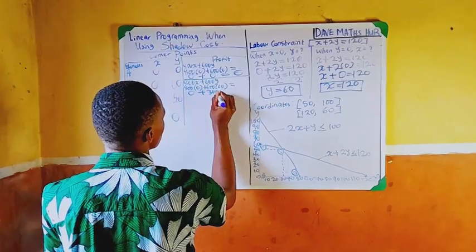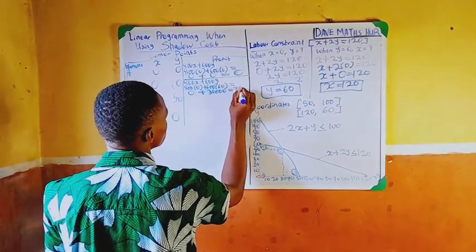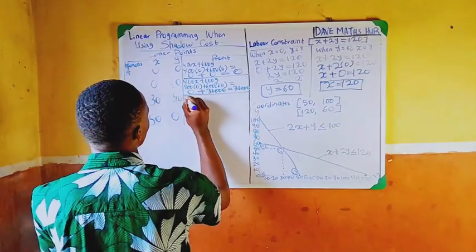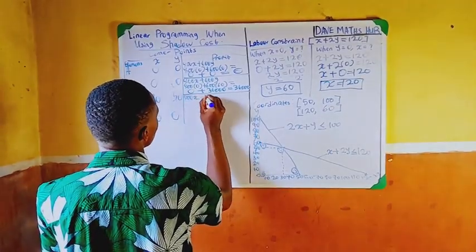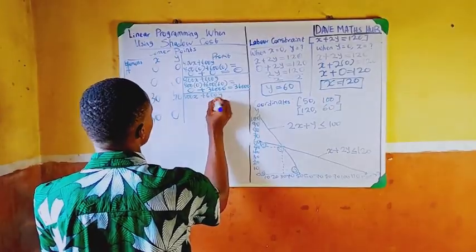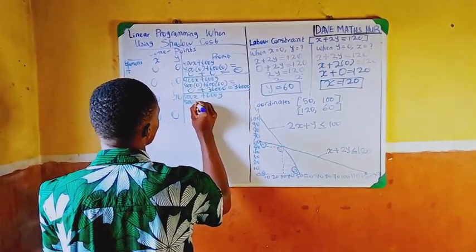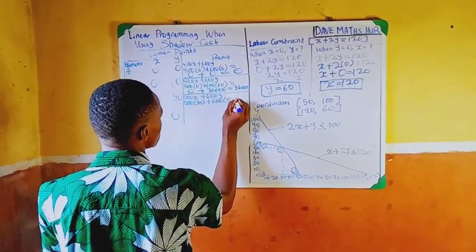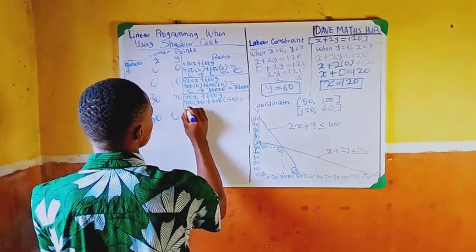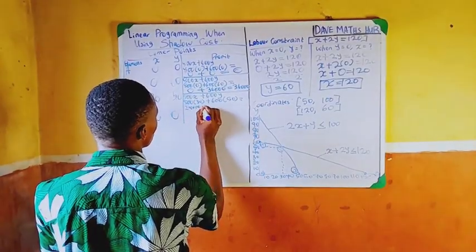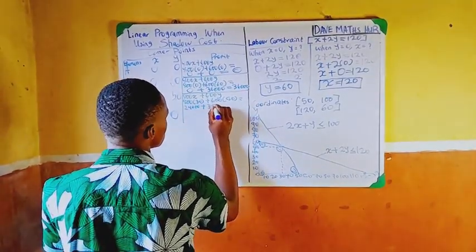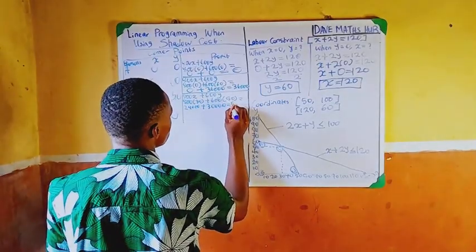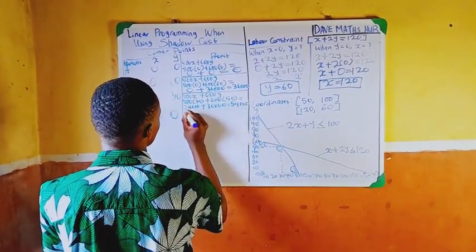This is 36,000, giving a total of 36,000. For C, 800x plus 600y. Substituting, this is 800 open bracket 30 plus 600 open bracket 50, giving us 8 times 3, 24,000 plus 6 times 5, 30,000. So 24,000 plus 30,000, a total of 54,000.